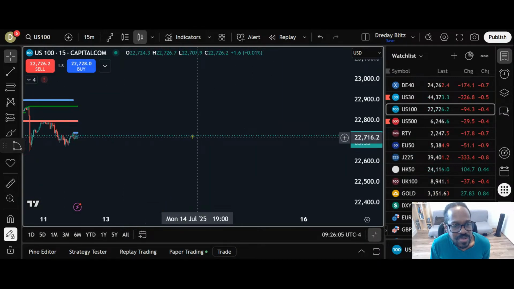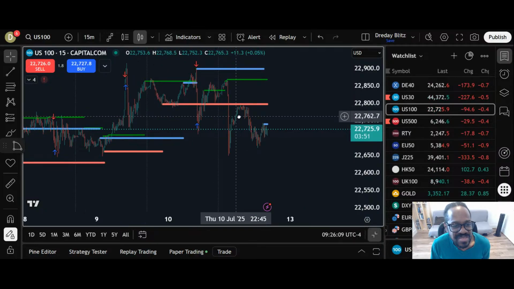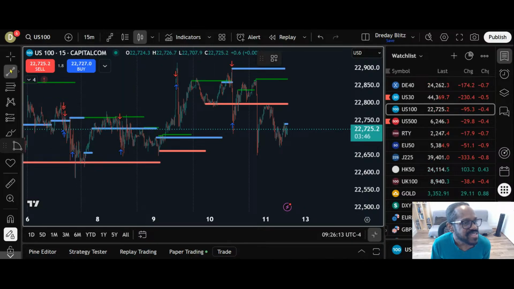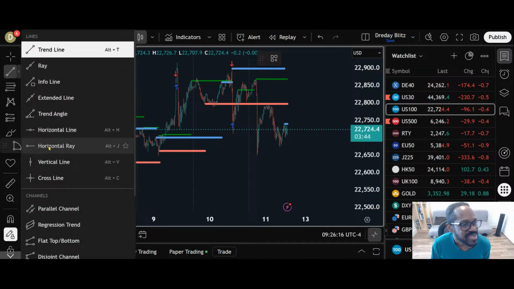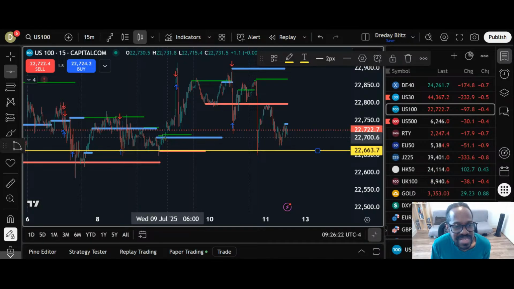Right, so if we look at price action overall, here's the horizontal line, and flat lines here on the previous support and resistance lines.